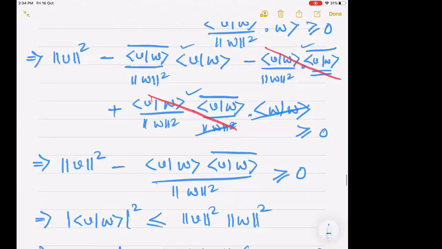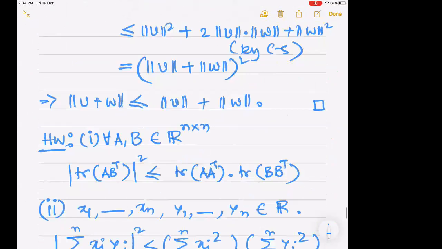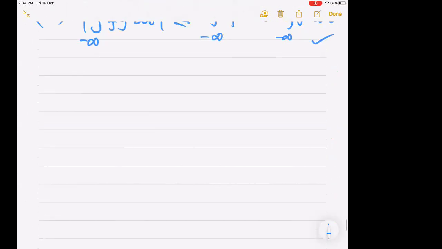Okay, now, once you have proven all these things, we can talk about the next part of our analysis, which says that once we have this Cauchy-Schwarz inequality, one can define this notion of cosine of an angle between two vectors.